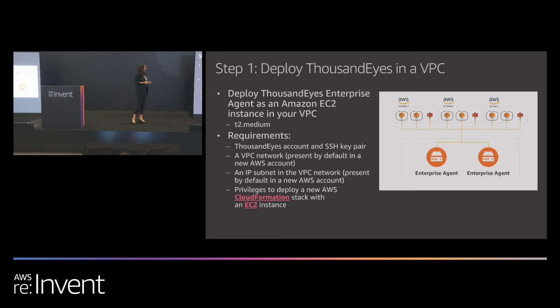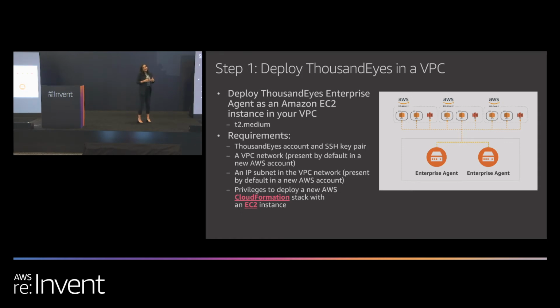And what you can do is you can actually deploy these agents within your AWS VPCs. And we've made that absolutely easy to do through CloudFormation. So you have CloudFormation templates that we can use. It's predefined, pre-configured. All you need is obviously an AWS account and a VPC to host this agent in.